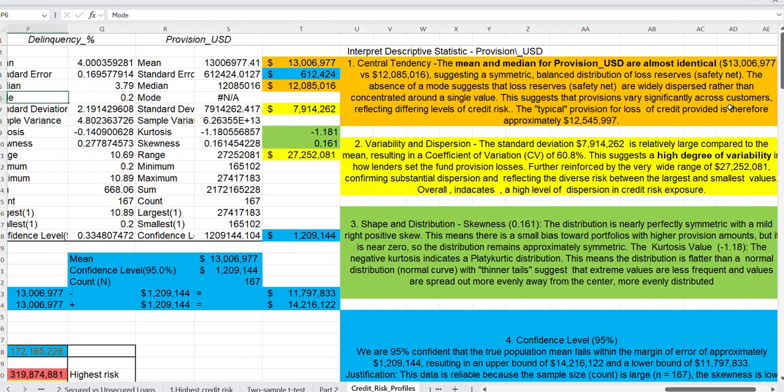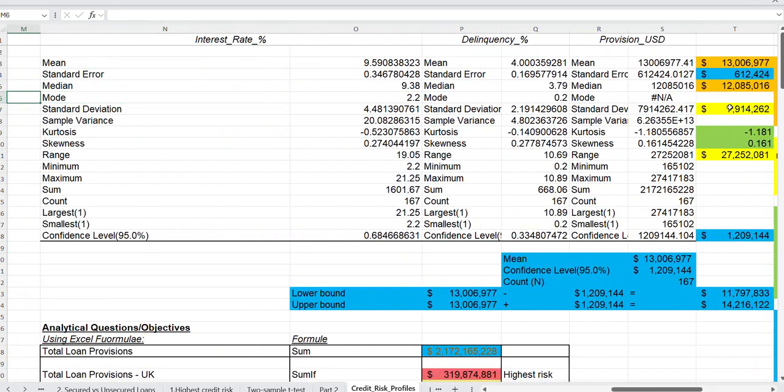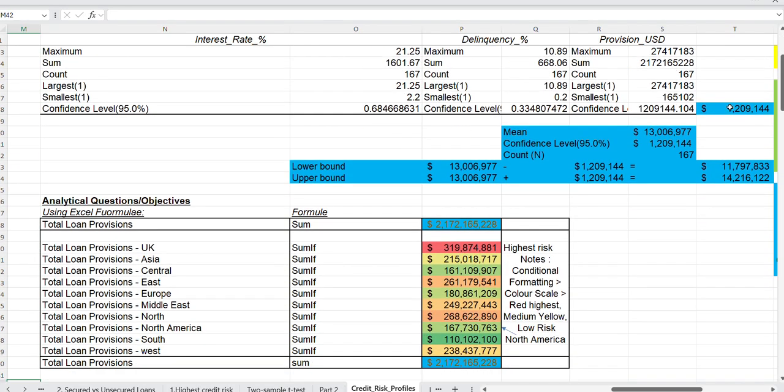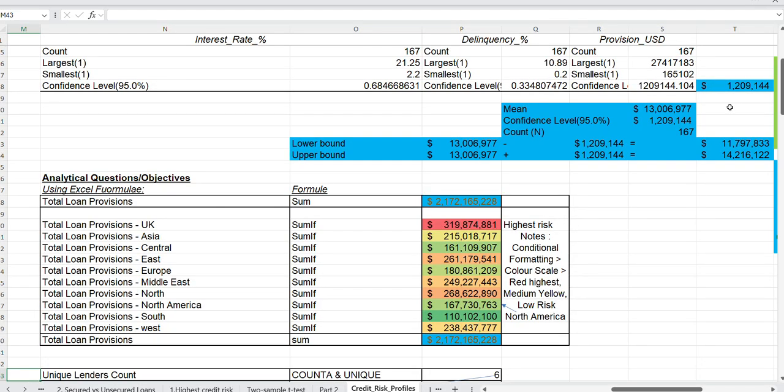The next analysis we did used Excel formulas to make up questions and answer them. The first one I used was SUM and SUMIF.